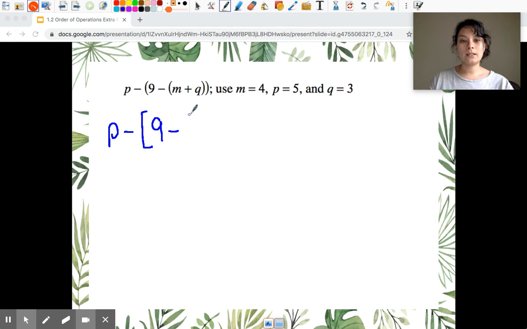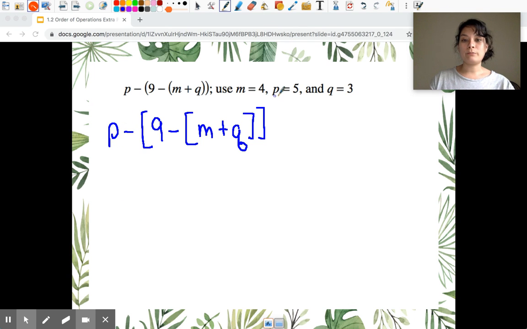A bracket, oops, and then another bracket, M plus Q, close square bracket, close square bracket. You're allowed to do that because, again, they mean the same thing. So now when I substitute in parentheses in here, it might look a little less complicated.